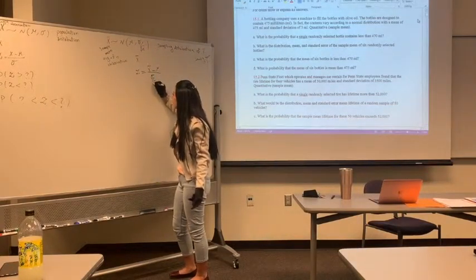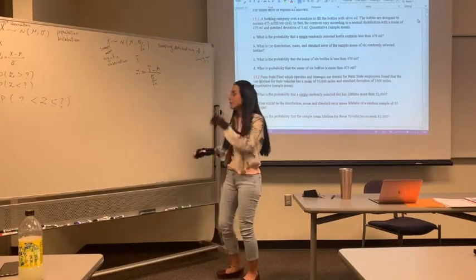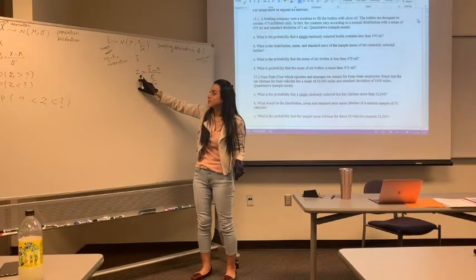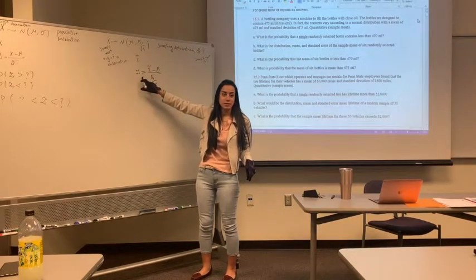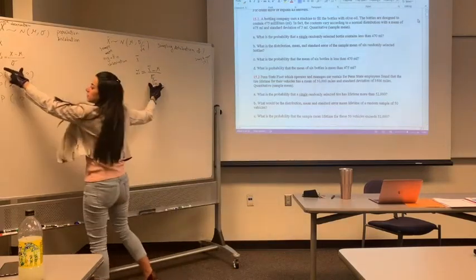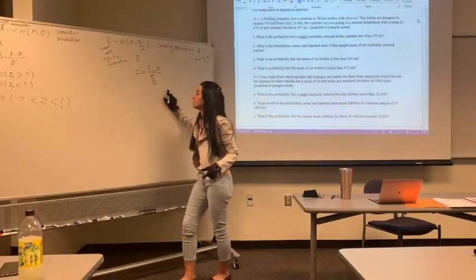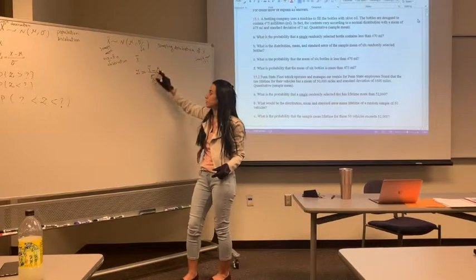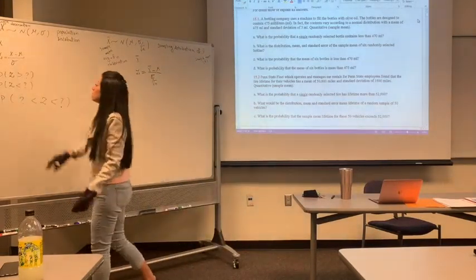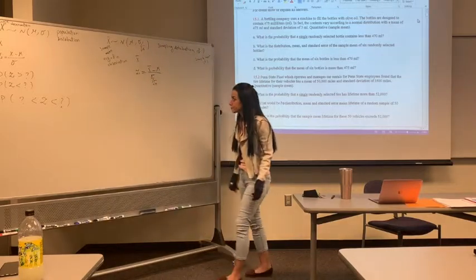So if we want to find any probability for x bar, we should change it to z, and z for x bar is now different. It's not that much of a difference. The only difference is that you are dividing by the standard deviation of x bar here, and there you are dividing by the standard deviation of x.